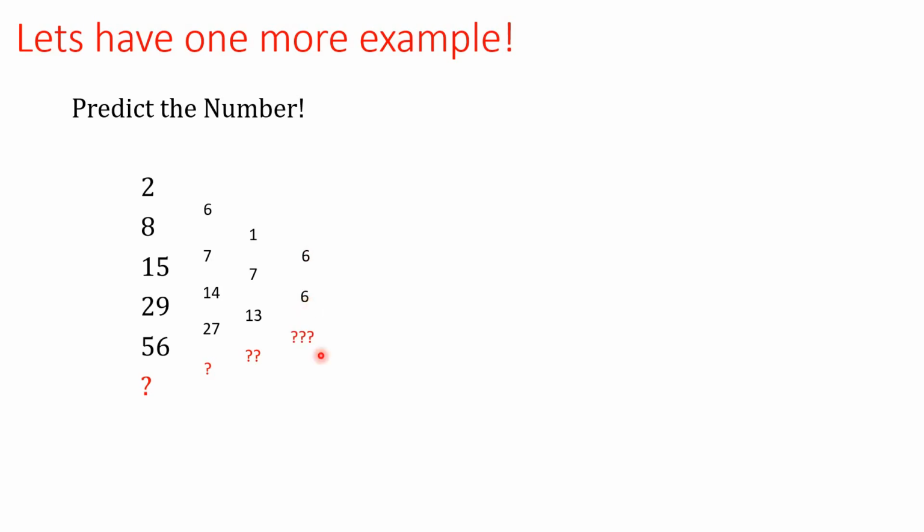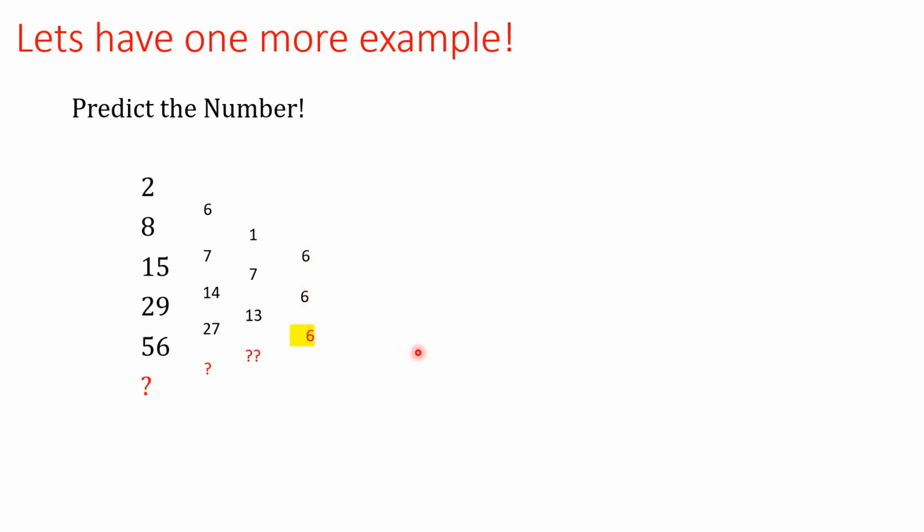That means the number in place of these question marks, if you know this number, it will help us to get this number, which will help us to get this number, which is finally useful to find this missing number. So what should be the number here? We have two numbers which are 6, 6. That means the third number has to be 6, right?